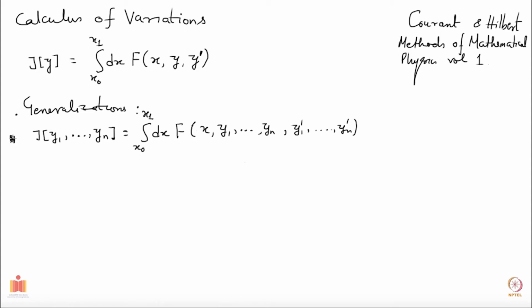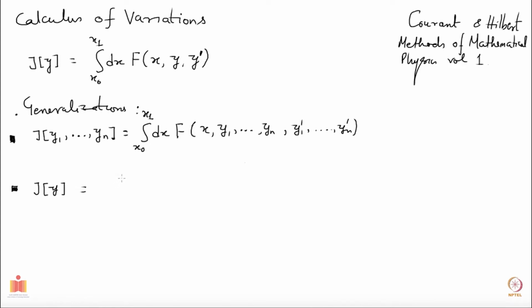You can still think of more generalizations, where you may have not only one variable x here, but multiple of them. Let's say you have two, x1 and x2, and let me denote that generalization by keeping only one function y here.